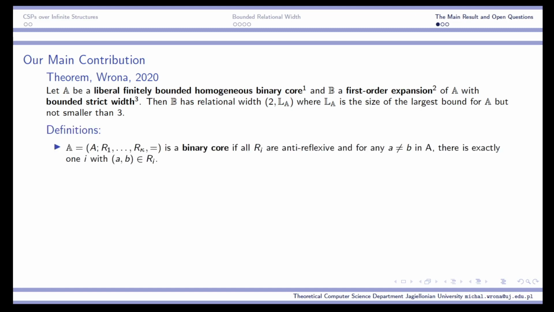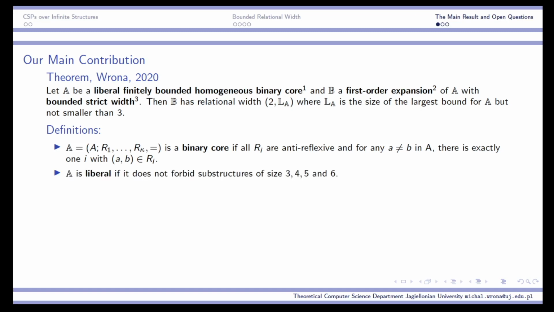And a binary core is just a finitely bounded homogeneous structure such that we have equality and we have anti-reflexive relations, so that for any pair of elements in the domain, there is exactly one anti-reflexive relation that contains the pair a, b.